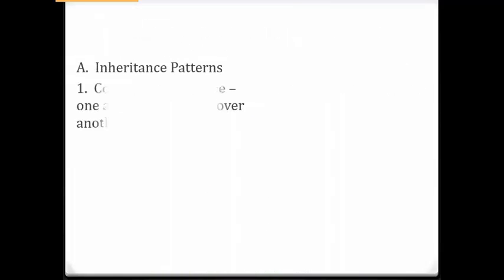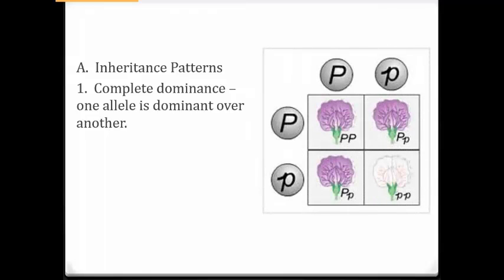All right, let's practice with some Punnett squares. The first type of Punnett square that we're going to be working with this week is called complete dominance. And complete dominance just means that there's two choices of phenotypes and that one allele is dominant over the other. So we're going to have a dominant trait and a recessive trait. For instance, in the purple versus white, you see that if you have the two capital letters or you have capital and lowercase, they still give you the same physical outward appearance of being purple flowered.